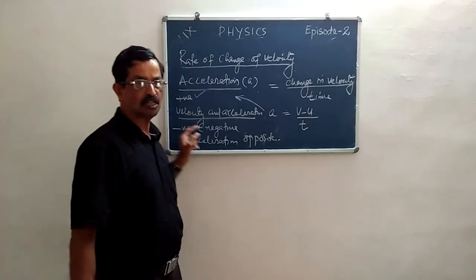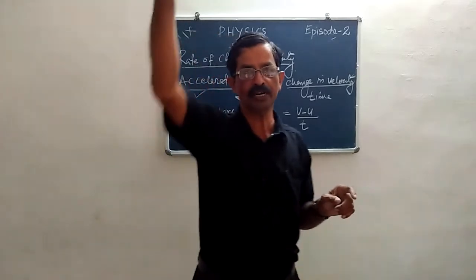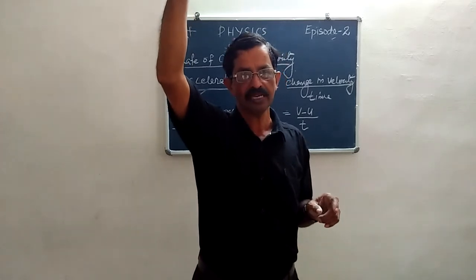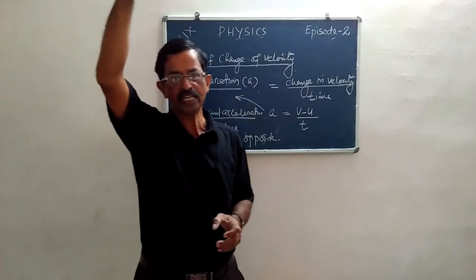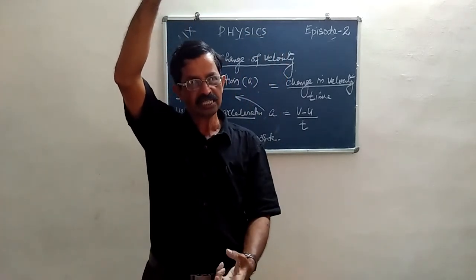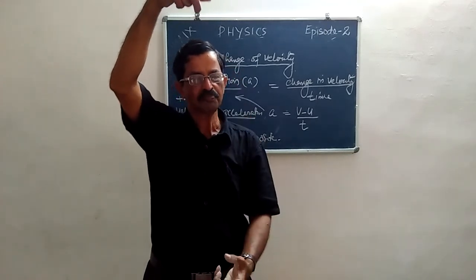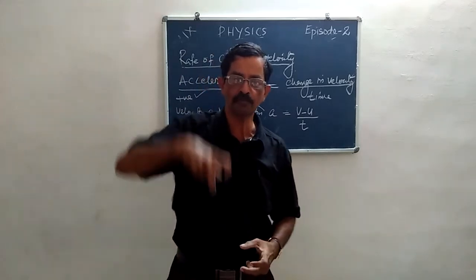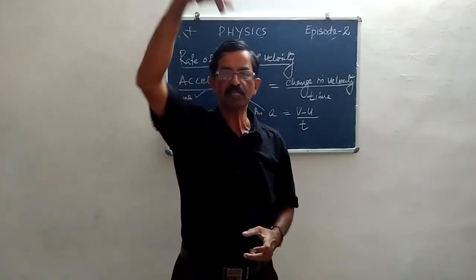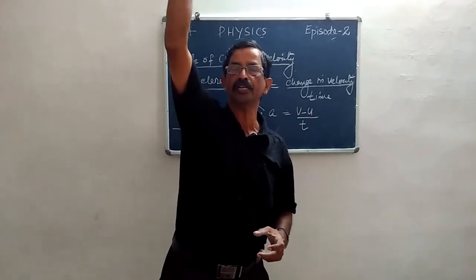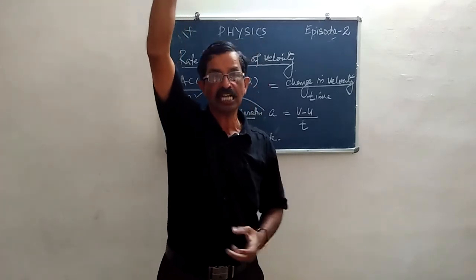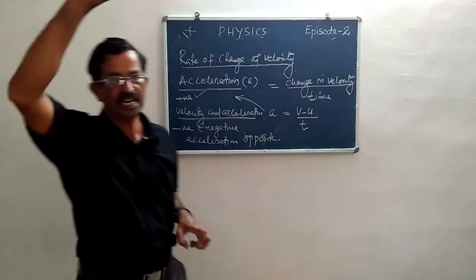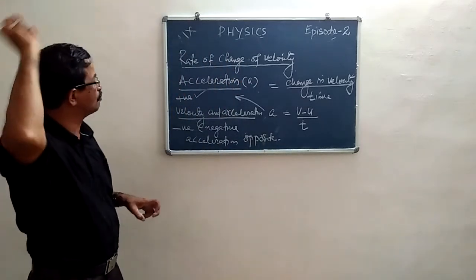Suppose when we throw a stone vertically upward, then its acceleration is downward, that is acceleration due to gravity, and velocity is upward. When we throw a stone in the upward direction, its velocity is upward, so it is going up, but that velocity is gradually decreasing, hence the acceleration is in the downward direction, that is opposite.